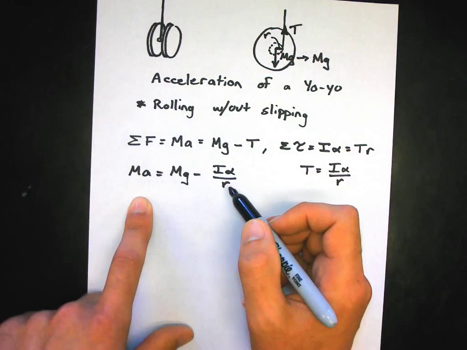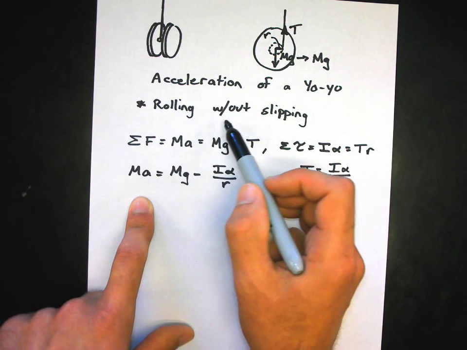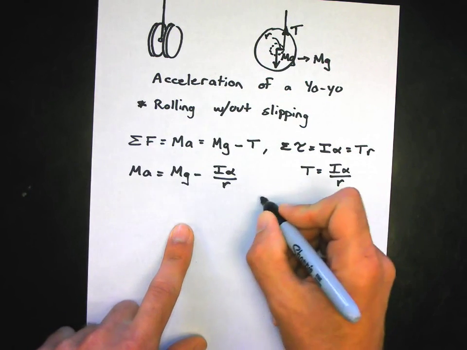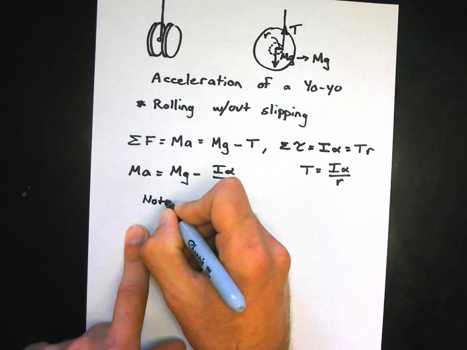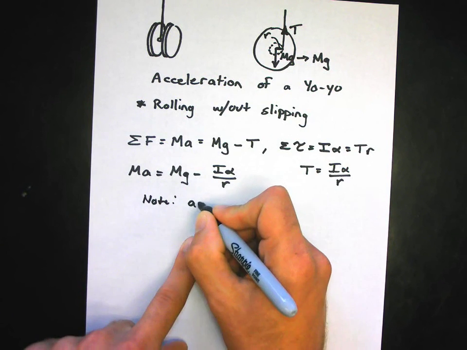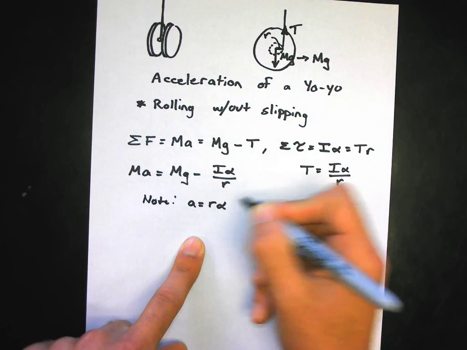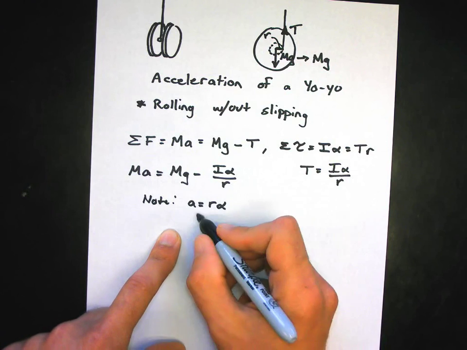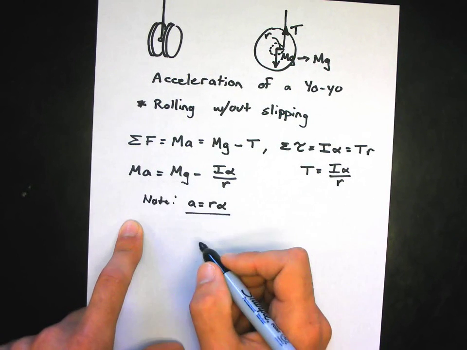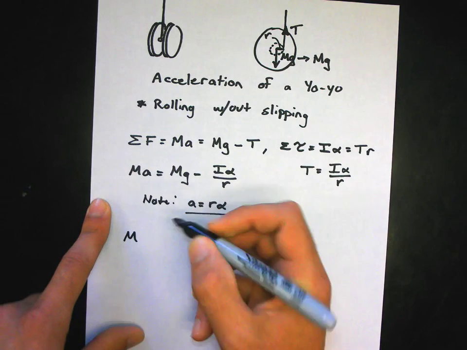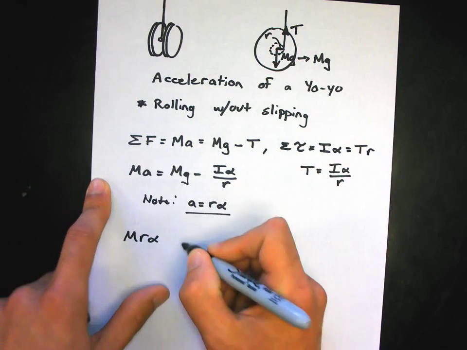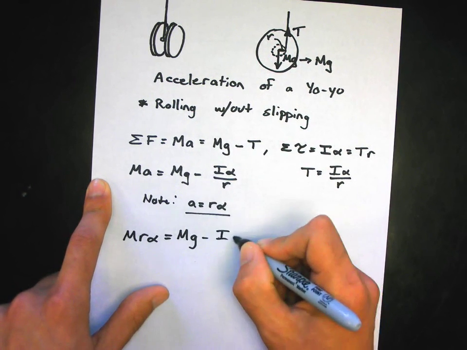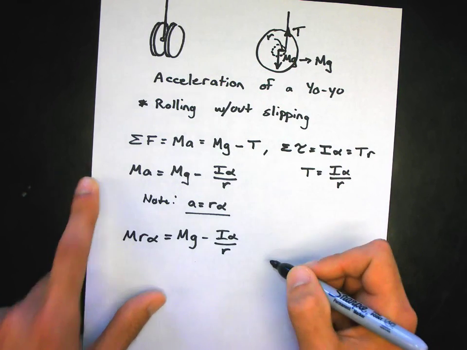Now, we have two different kinds of acceleration in here. But since it's rolling without slipping, we can relate those two accelerations. So if you recall, we can use the relation a equals r times alpha, where r is that little radius. So substituting this into our equation up here, we can get mass times r times alpha equals mg minus I alpha over r.